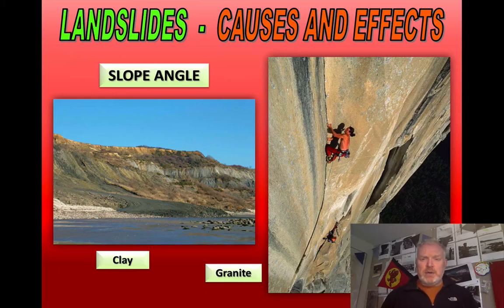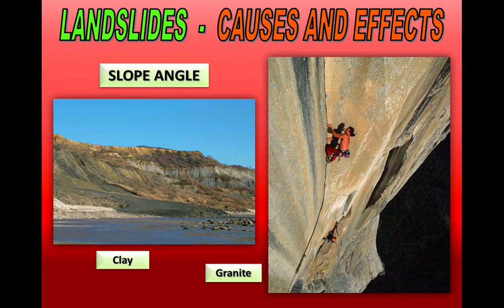Granite, for example. The photograph here is taken in Yosemite National Park. The granite there is incredibly hard. So hard we can have overhanging cliffs of granite that are hundreds of meters high. Although that's not to say that they won't fail at some point. For example, a couple of years ago, there was a rockfall there that killed a climber from Cardiff.